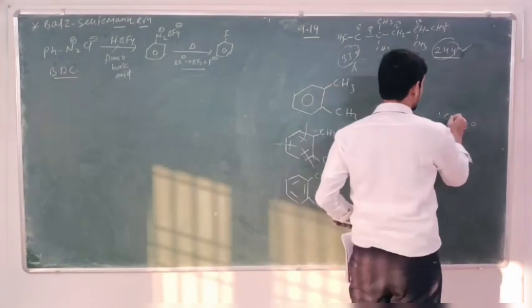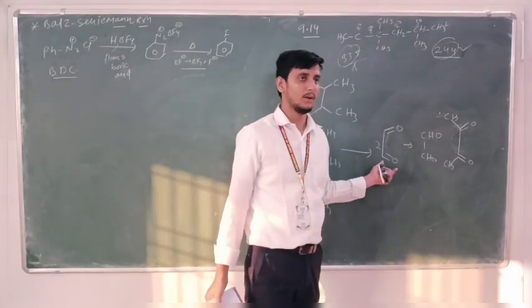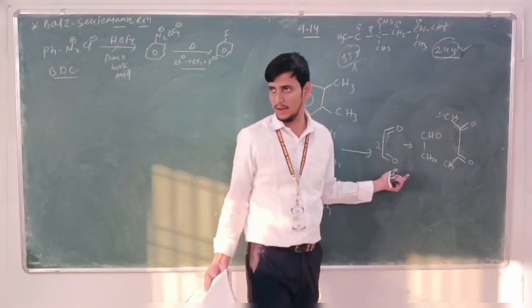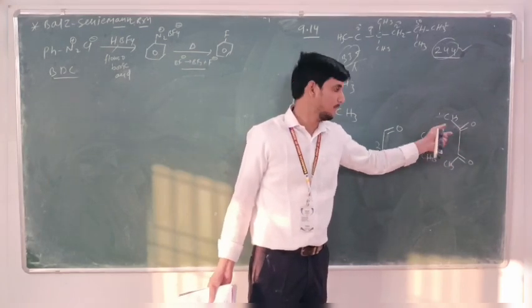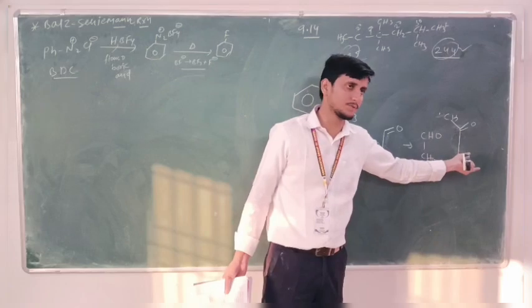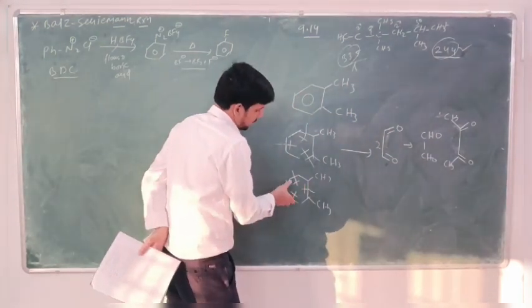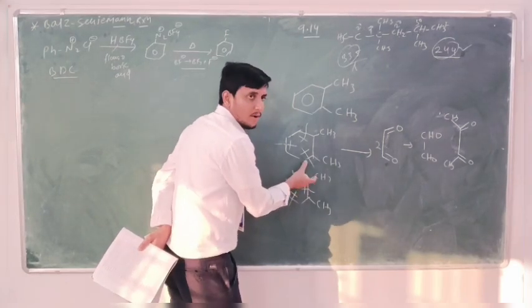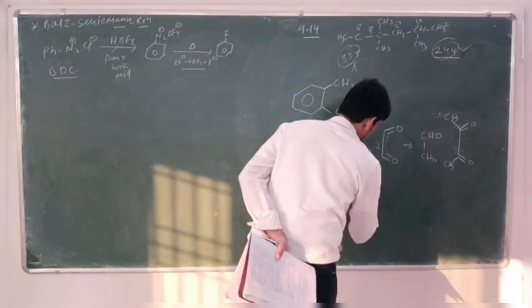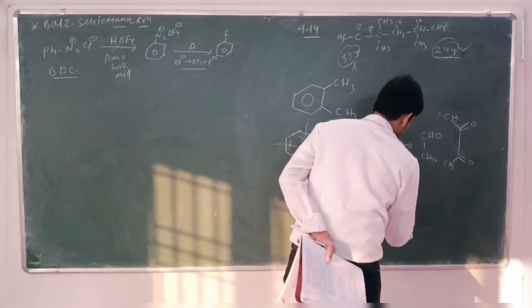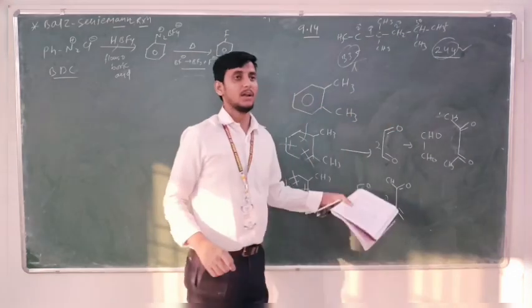Here there is a methyl. What is the name of this compound? Glyoxal. And this compound's name is dimethyl glyoxal. So 2 moles of this one form and 1 mole of this one forms. Now if you break the other structure, 1 mole of this one forms and 2 moles of methyl glyoxal form.